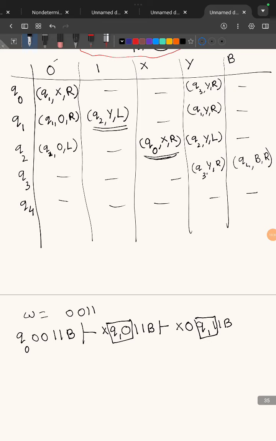Means that how it will come means it will be X Q2 0 Y 1 B. The pointer from here will move left side over here. This one has become Y. That is what we are doing over here.